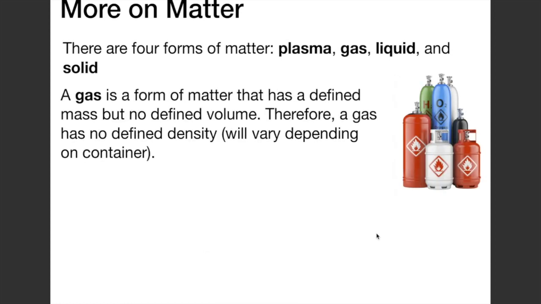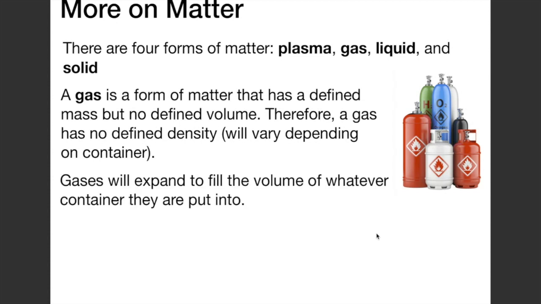A gas is a form of matter that has a defined mass, but no defined volume. The volume of a gas depends on the container it happens to be in. Because it does not have a defined volume, it doesn't have a defined density. It has a density, it's just simply not defined. It varies on the size of your container.